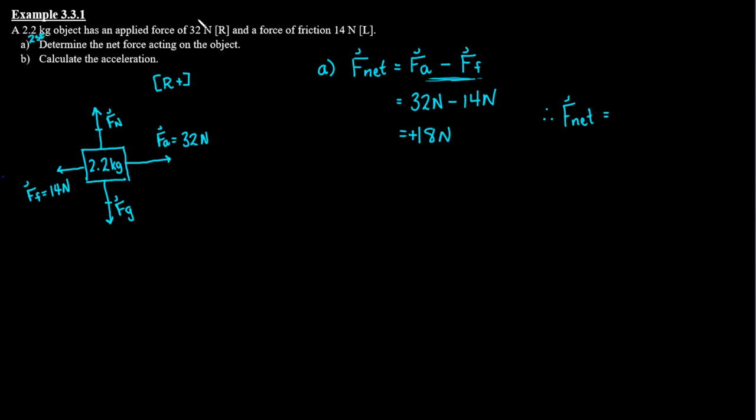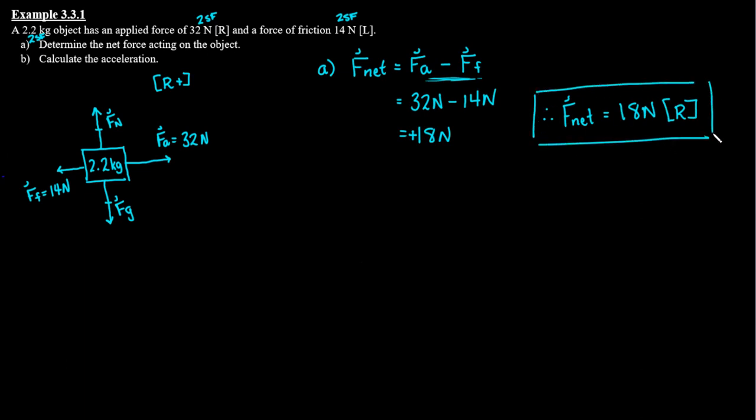I know we haven't used that yet, but the two forces that we've been given also had two significant figures, so we don't really have to worry about rounding. So the net force is 18 newtons, and because it came out positive, we know that that net force is acting to the right.